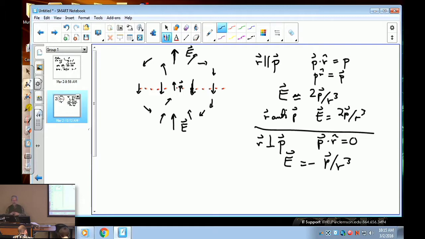We're not getting up close to the dipole, so I don't want to sketch it too close to the dipole. But it comes out the north pole, the positive pole, goes in the negative pole, and is downward in the plane of the dipole. Okay, so that's what the far field electric dipole looks like.